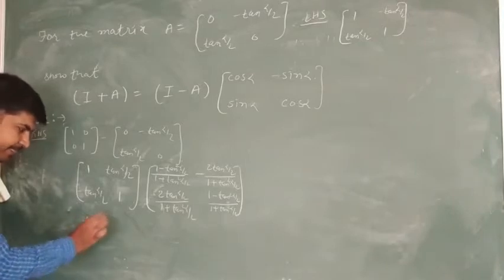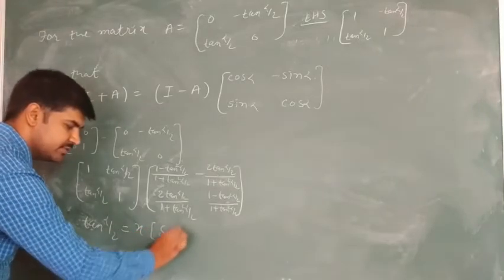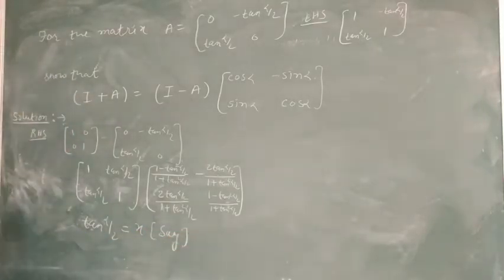tan alpha upon 2 is equal to x. We have supposed it. Now this will be easy to write.